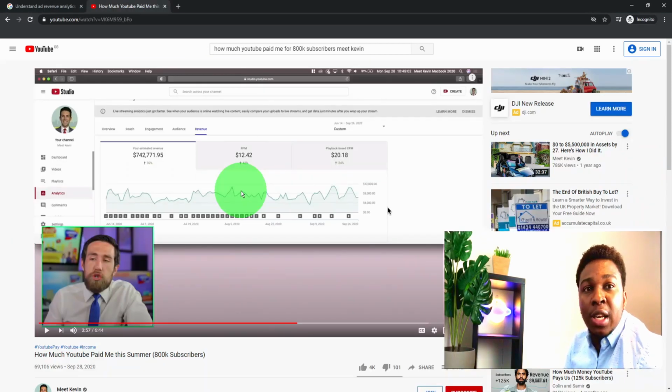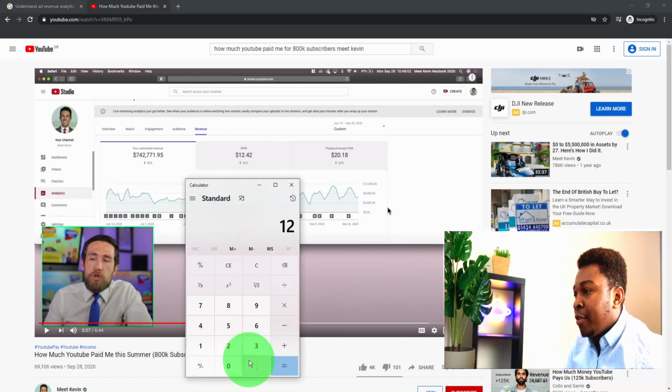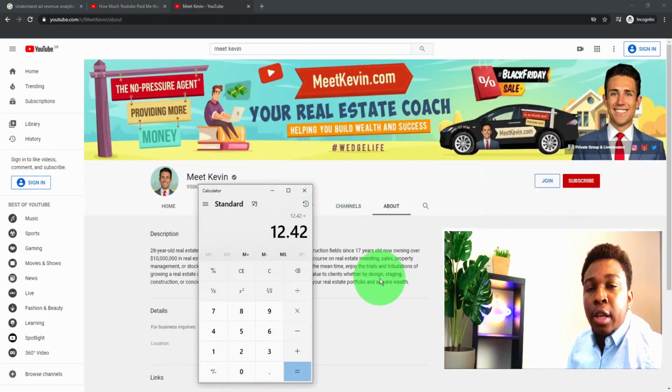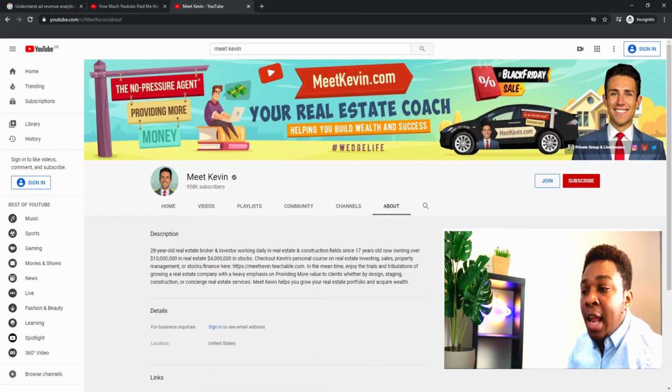Meet Kevin has made this calculation so easy for us by showing us his RPM, which is 12.42. So in order to get his total revenue, we multiply this RPM with the total number of views that he has. If you go to the about page of any YouTuber, you will see the total number of views that they have from the period that they joined the channel.